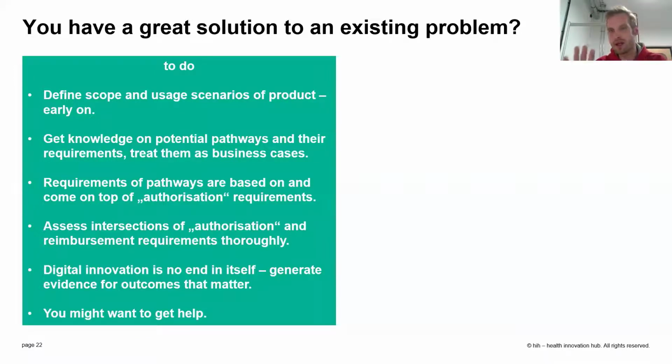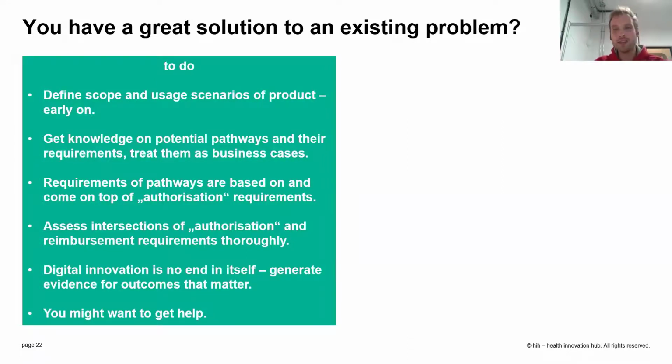And thinking of this, you should also carefully assess the intersections of the authorization, the CE marking process, and the reimbursement requirements, because sometimes, for example, when it comes to clinical evidence, you can from the very beginning design your trials, if you have to conduct any, for the CE marking in a way that they help you with the reimbursement later on.